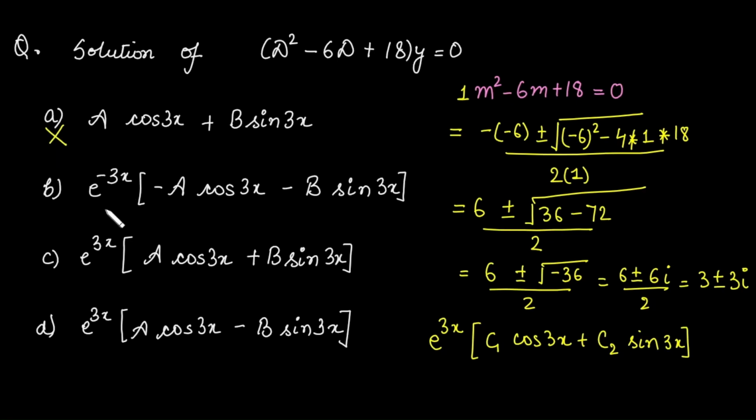In option B, it has e raised to power minus 3x, hence it is incorrect. In options C and D, both the options are correct because either the constant can be positive or negative. So in this case, C as well as D are the correct options. So we can also take the negative sign over here, or maybe negative of A.